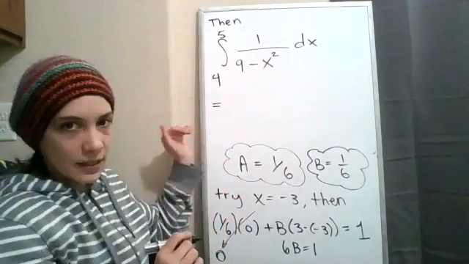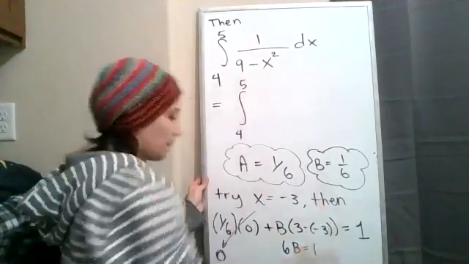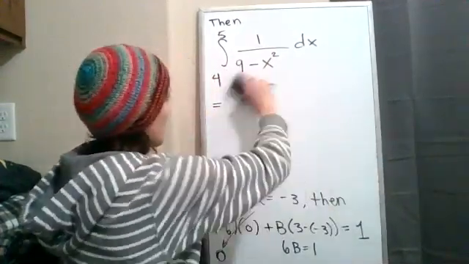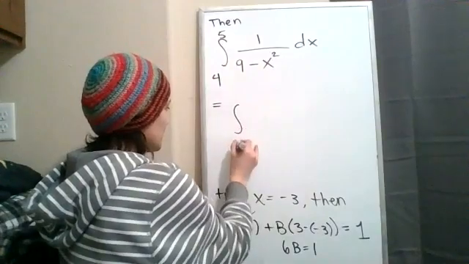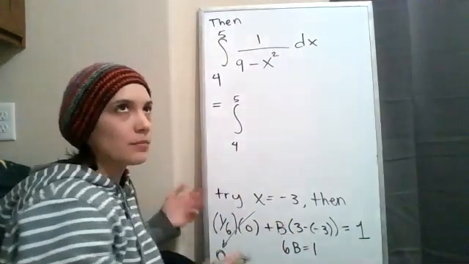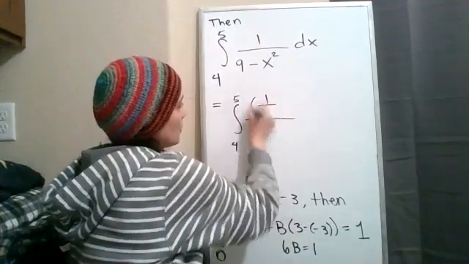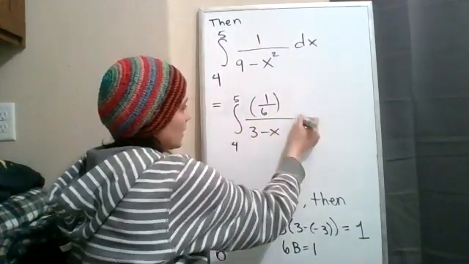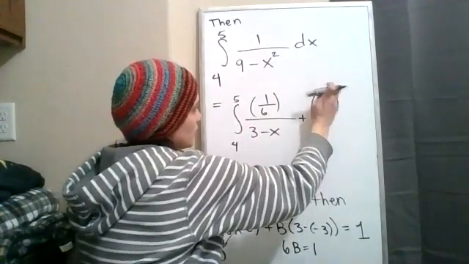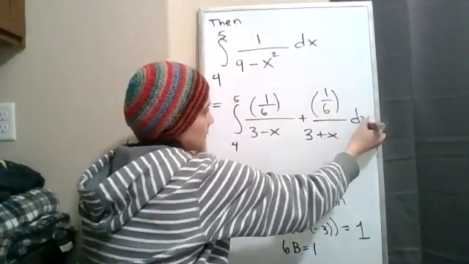And we can write it as the integral from 4 to 5 of 1/6 over 3 minus x and 1/6 over 3 plus x, and there's a dx.